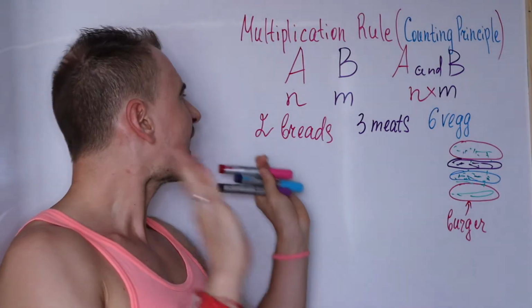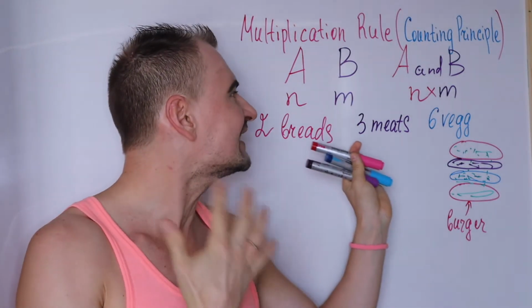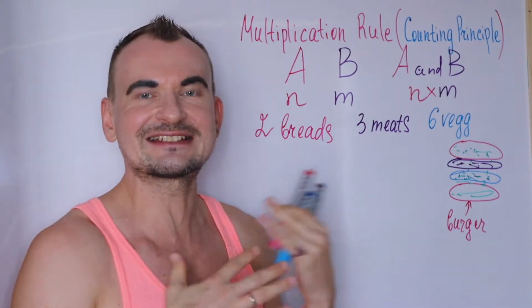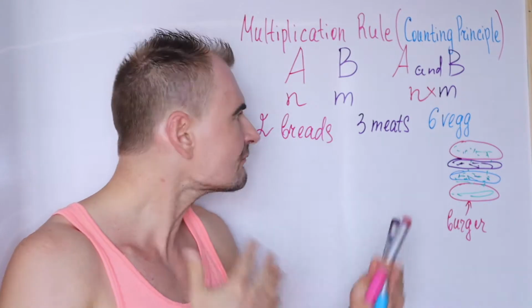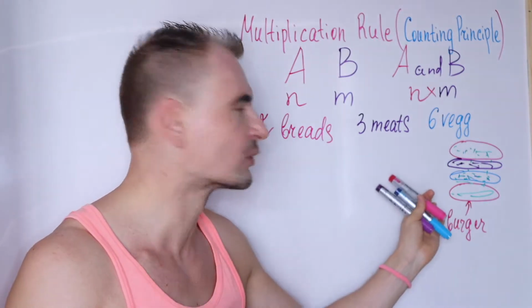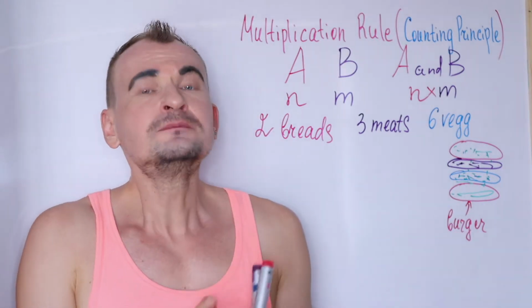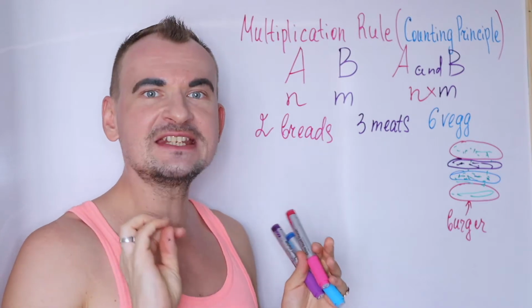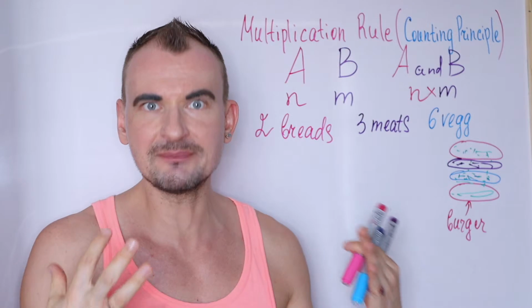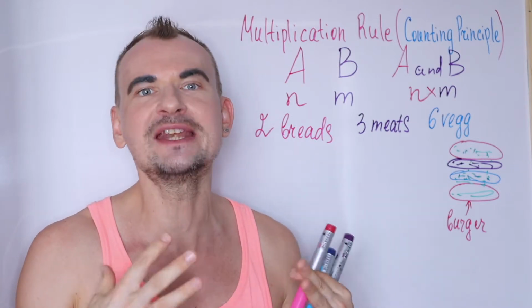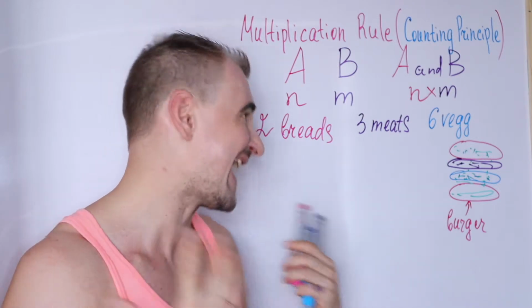So if there are 2 types of bread, 3 types of meat and 6 types of veggies for making a burger, in how many different ways can the burger be made? How many different possibilities are there?